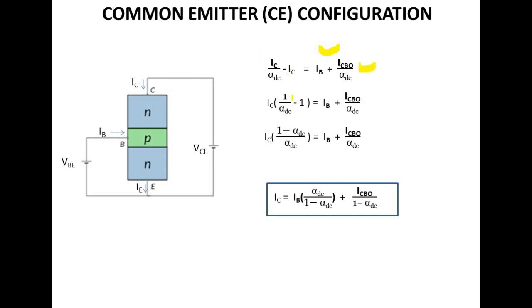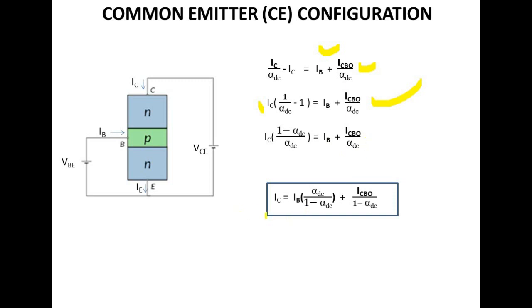Here IC is common, so we have taken IC as common. So we get IC into 1 upon alpha DC minus 1 is equal to IB plus ICBO upon alpha DC. We get IC into 1 minus alpha DC upon alpha DC is equal to IB plus ICBO upon alpha DC.